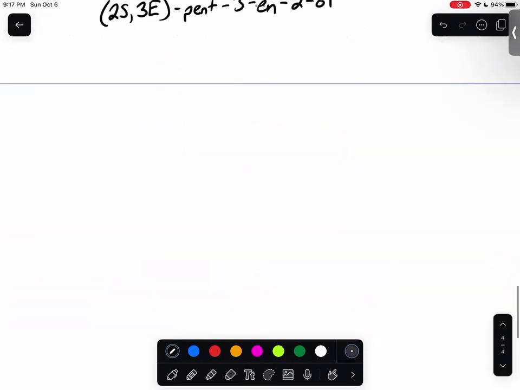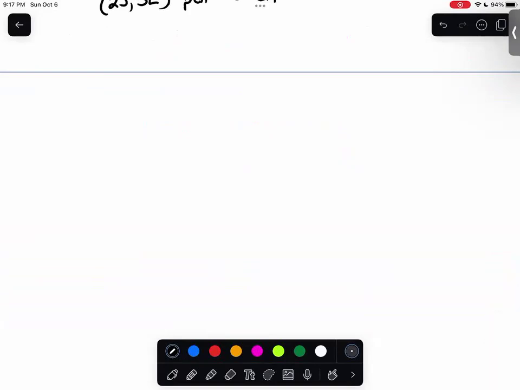Now let's get to the fun stuff, right? Now that we finally finished up the idea of stereochemistry, we are now going to move on to relating molecules.